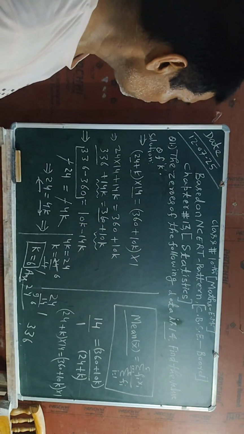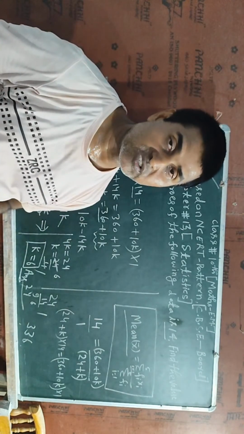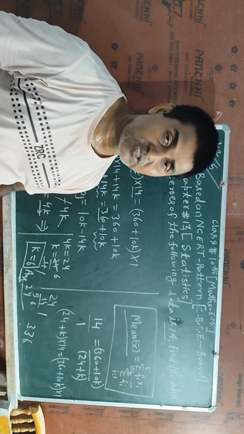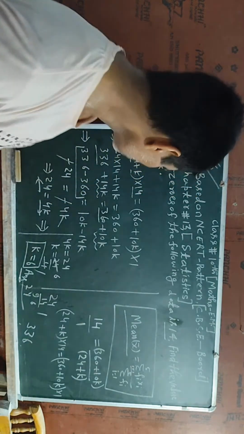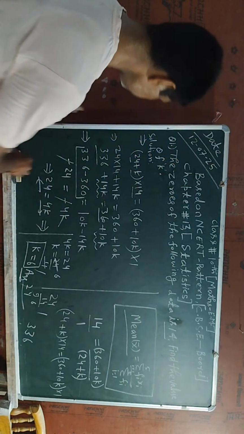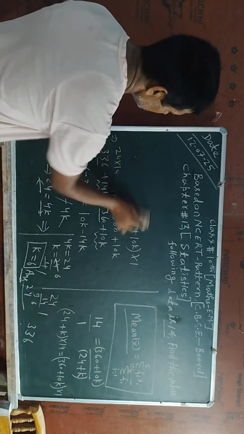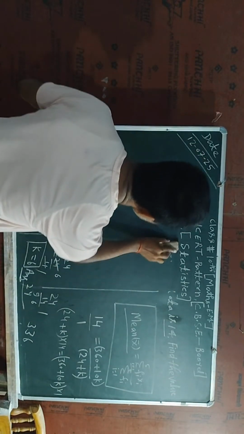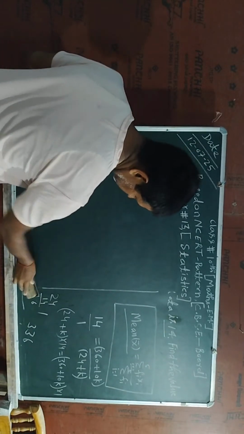Now first of all I will remove this question and its solution, and then I will explain the next concept of statistics. After erasing I will explain the next topic.